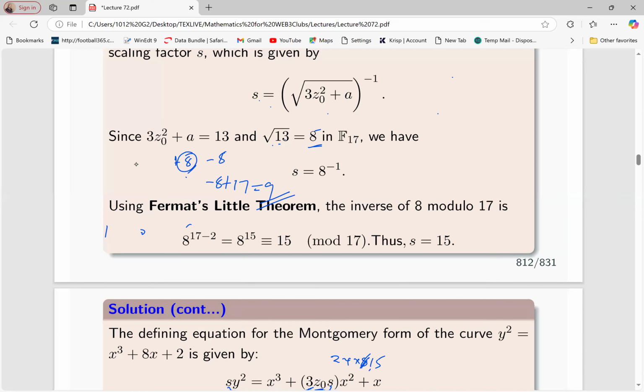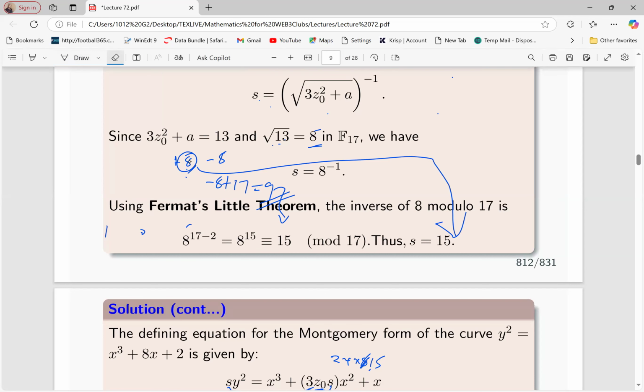So the inverse of 8 is 15. So you can now get the inverse of 9 to give us another value of S. After getting that other value of S, we proceed with it to write the Montgomery equation.